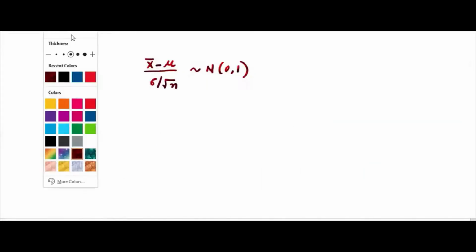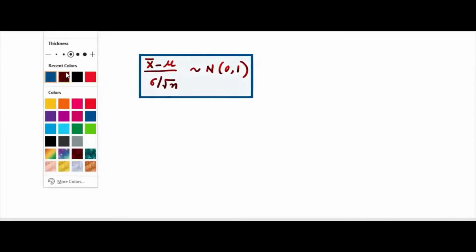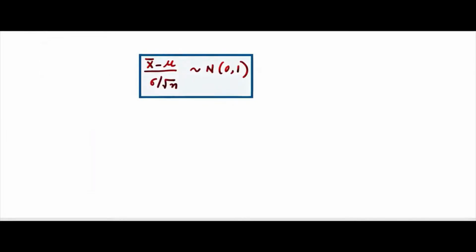By the central limit theorem, we know that this is normal, x bar minus mu divided by sigma upon root n. That should follow a normal distribution. We take this test statistic. In the easiest case, I am saying x bar minus mu upon sigma upon root n.